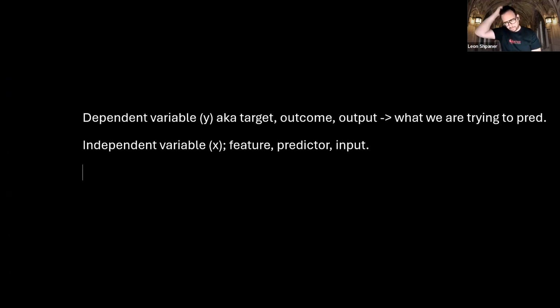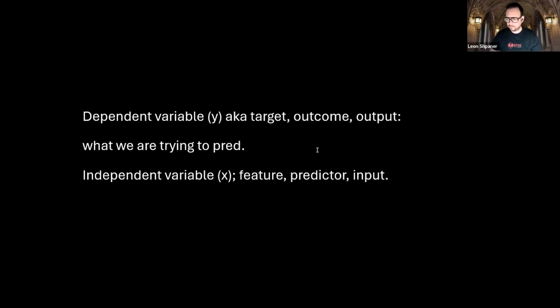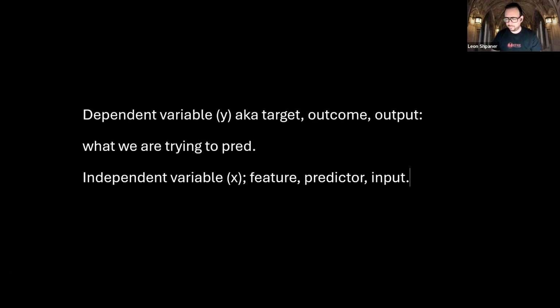Now, when you're building a model, you have to take this into consideration. Let me do this so everybody could see it a little bit better. You have to take all of this into consideration. And so when you're building a simple model, we can start with linear regression and call this a single linear regression.